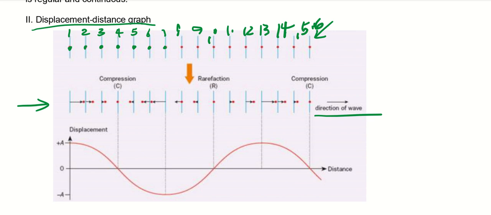So you see that at position 1 for the next graph, this is my first particle. Right, you see that it has shifted from position 1 towards the right. We have particle 2, particle 3, 4, 5, 6, particle 7, 8, 9, 10, 11, 12, 13, 14, 15, and 16.